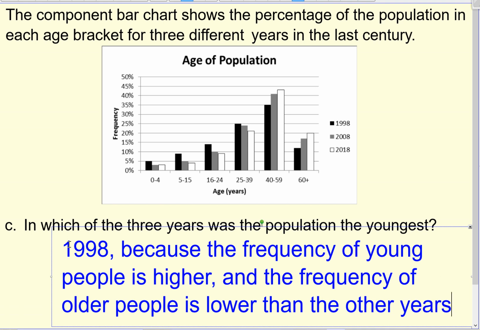And it is specifically here that we're comparing the data for 1998 with the data for the other years.